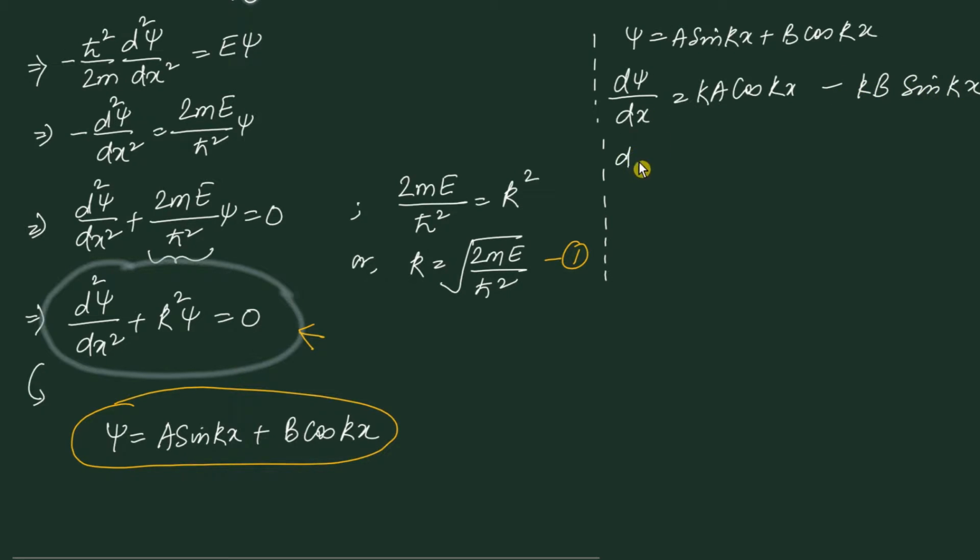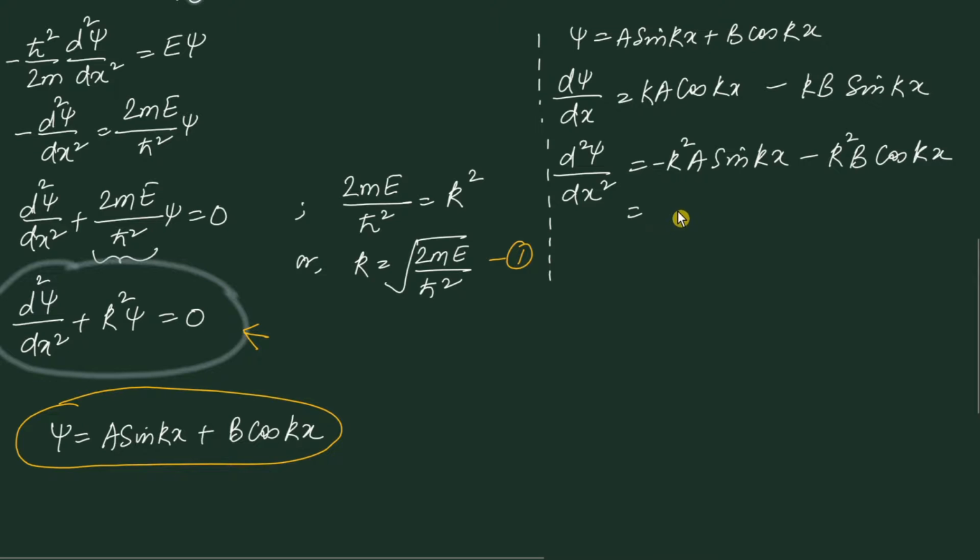If I do another derivative of d psi by dx with respect to x, then this becomes minus k square a sine kx minus k square b cos kx.